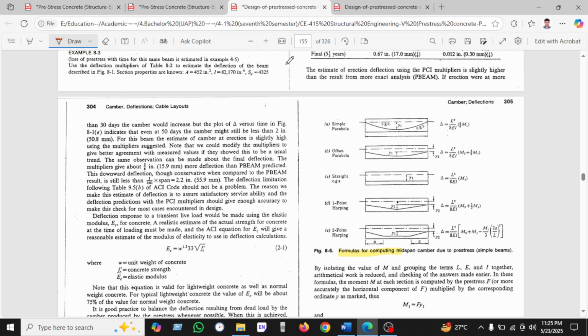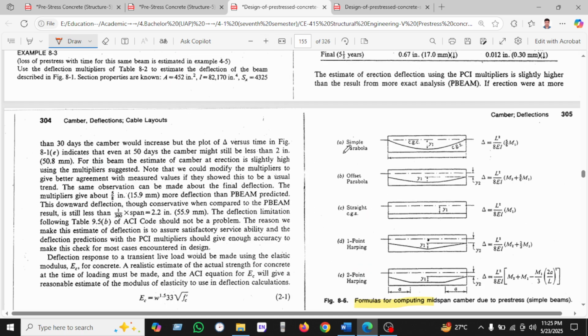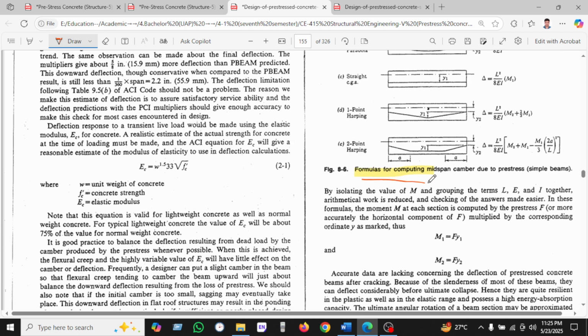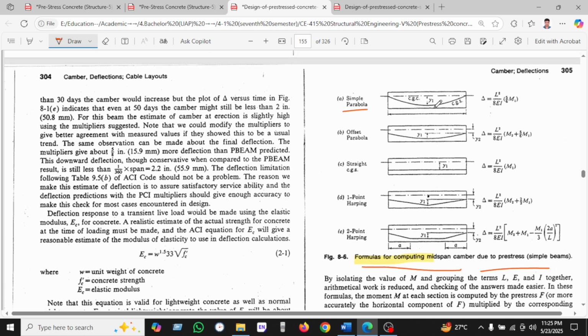Okay, so before going to the simple beam layout, we can see here some formulas for computing mid-span camber due to pre-stress. For simple parabolic, we can see L square 5 by 8 into M, 8EI. For offset parabola, the deflection will be L square divided by EI into M2 plus 5 by 6 into M1.